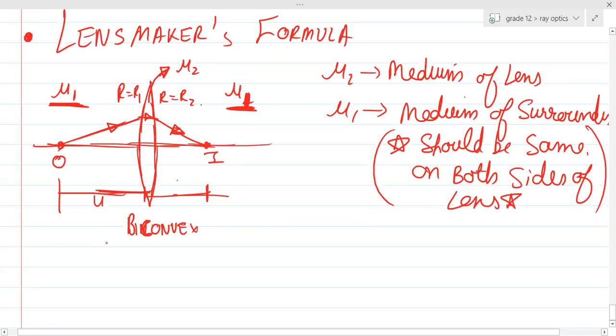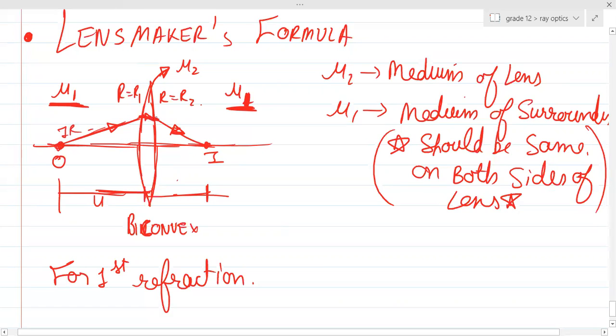Now can you see how many surfaces are there? Two surfaces. So for the first refraction, the object is over here, the incident ray goes like this, and let's say this is your refracted ray.